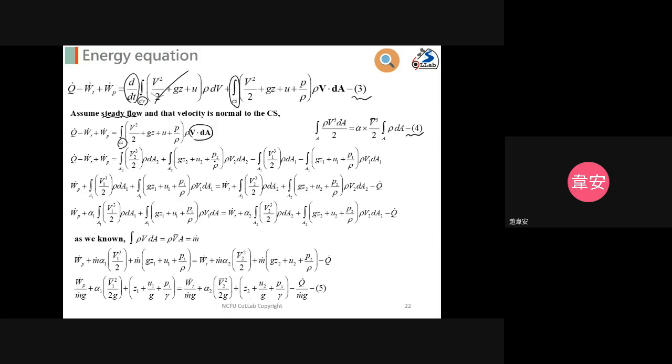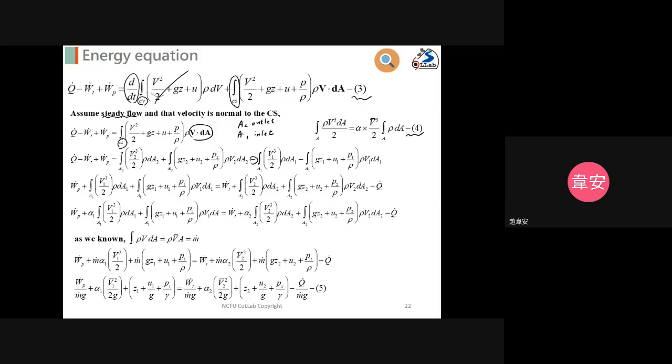So there is no dot product. Then we can assume the A2 area is our outlet, and A1 is the cross-section area for our inlet. And we know that the outflow rate is always minus the inflow rate.